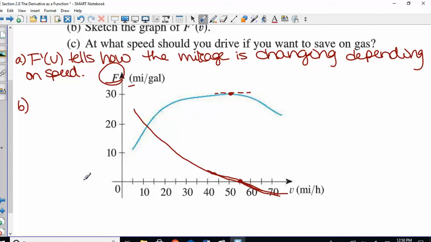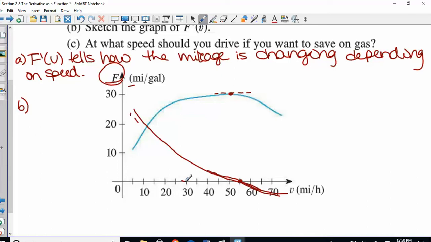C. At what speed should you drive if you want to save on gas? So here, my derivative is positive. What that's telling me is at these speeds, my mileage is still increasing when I go faster.